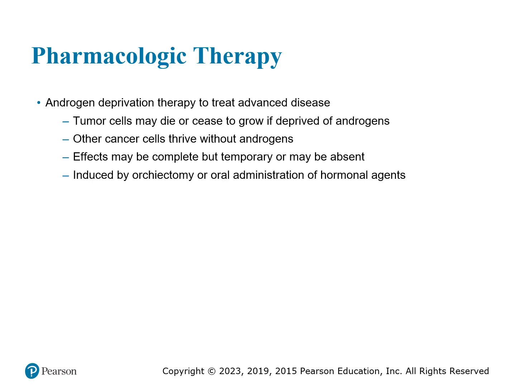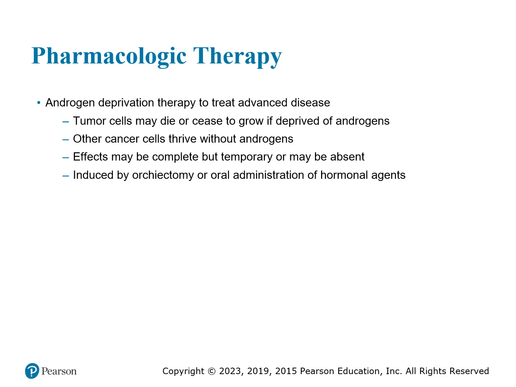Androgen deprivation therapy is used to treat advanced prostate cancer, and this therapy causes cells in the growing tumor to die or to stop growing due to the androgen deprivation. Some cancer cells thrive without androgen and are unaffected by therapy that reduces circulating androgens. The effects of hormone manipulations vary from complete but temporary regression of the tumor to no response at all.